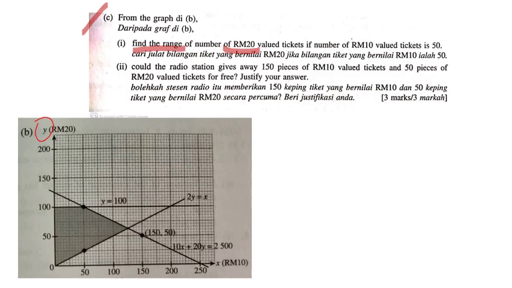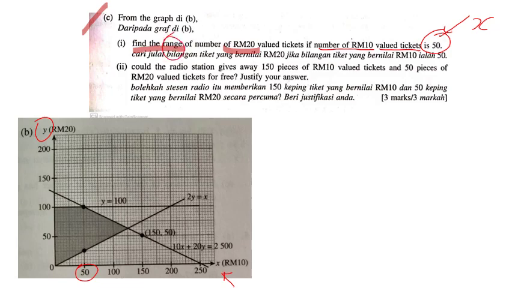If the RM10 value tickets is 50, that means this is your x. So we have to go to the graph and look for x, here on the x-axis, and find where is 50. So this is 50. So find the range.